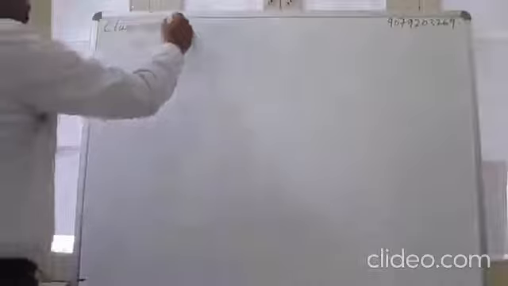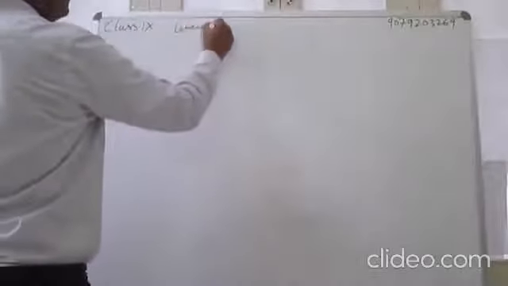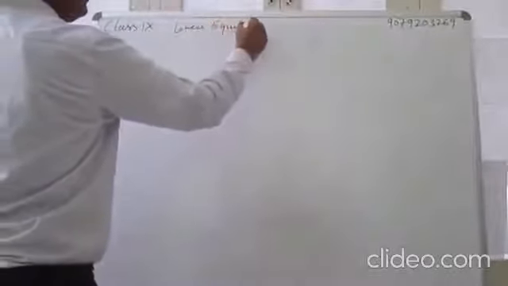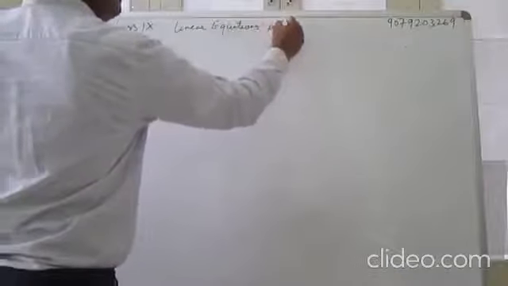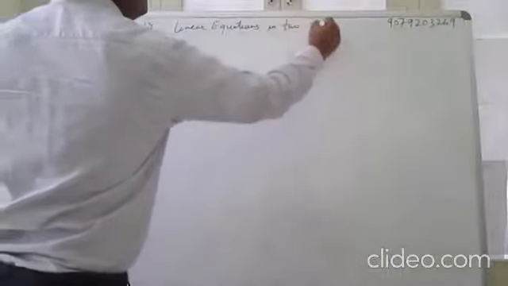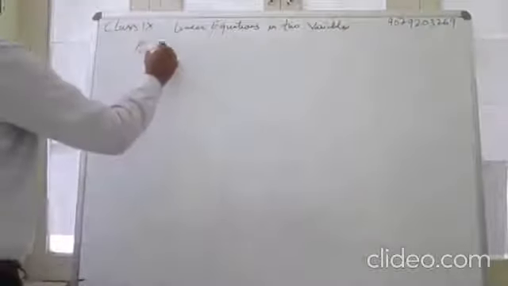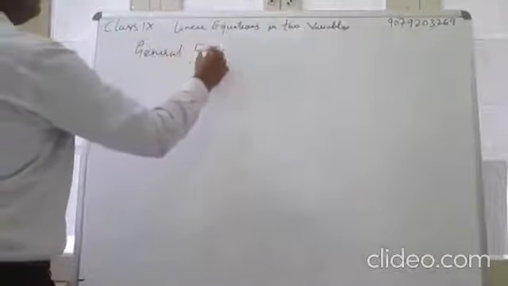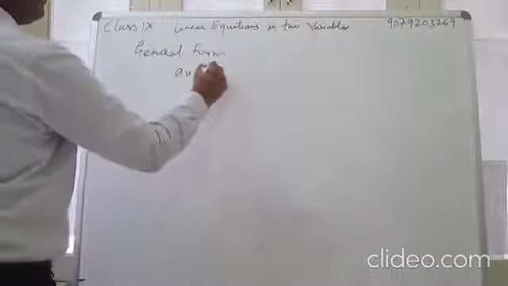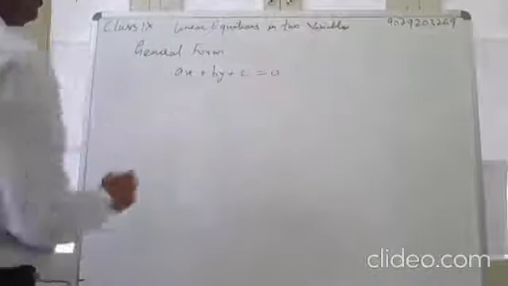Chapter 4, linear equations in two variables. General form: ax plus by plus c is equal to 0.